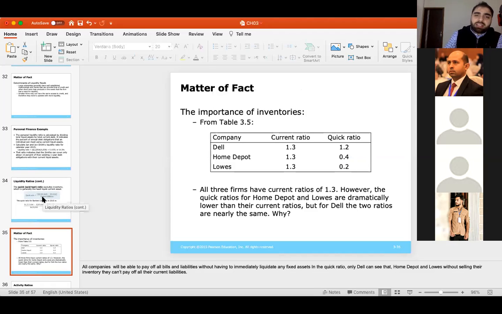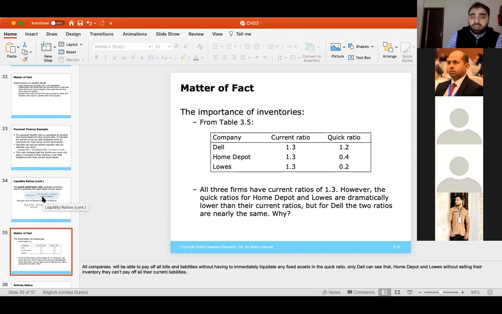Now we have an example about three different companies: Dell, Home Depot, and Lowe's. All these three companies have the same current ratio: 1.3, 1.3, and 1.3.